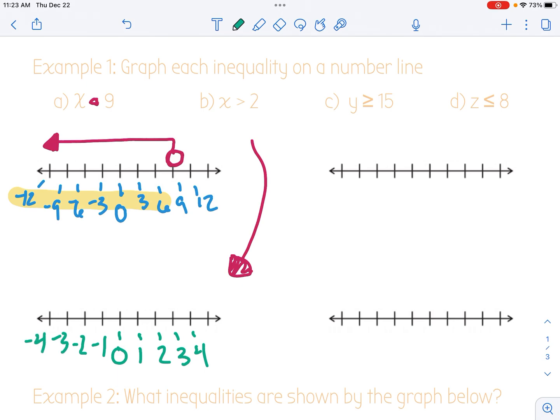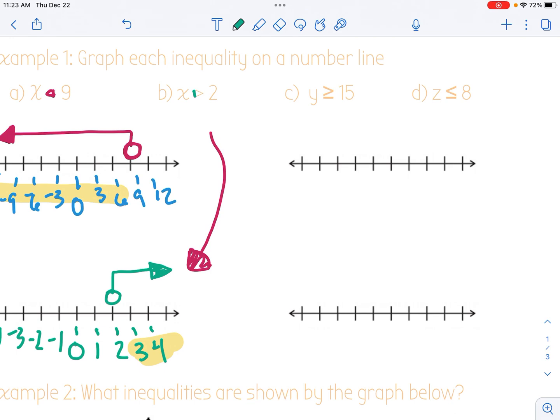I know I have an open circle on 2. It means 2 is not part of the solution. Since x is greater than 2, all of my solutions are to the right, so I'm going to point my arrow to the right. You can also close off the inequality sign, and it shows you that the arrow is pointing to the right.